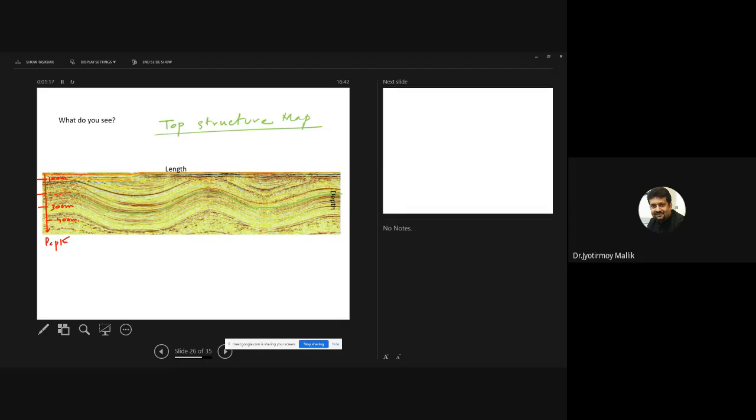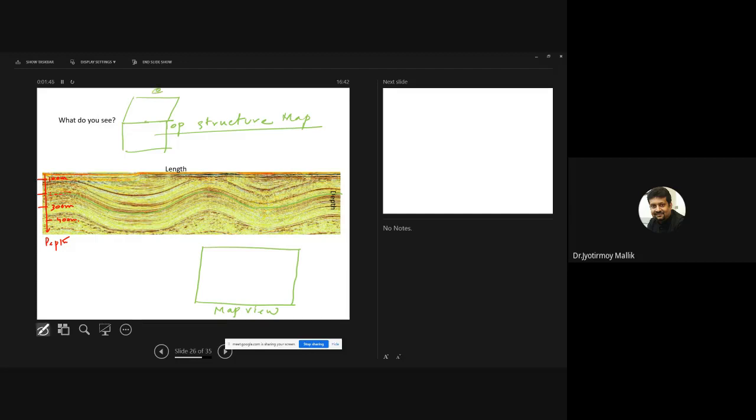So what I do essentially, suppose this is the map. This is the map view. Map view means I am looking at my top surface from the top.